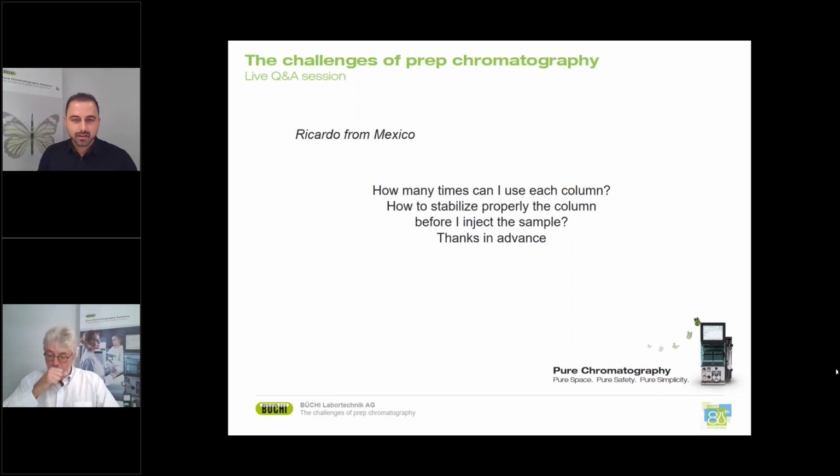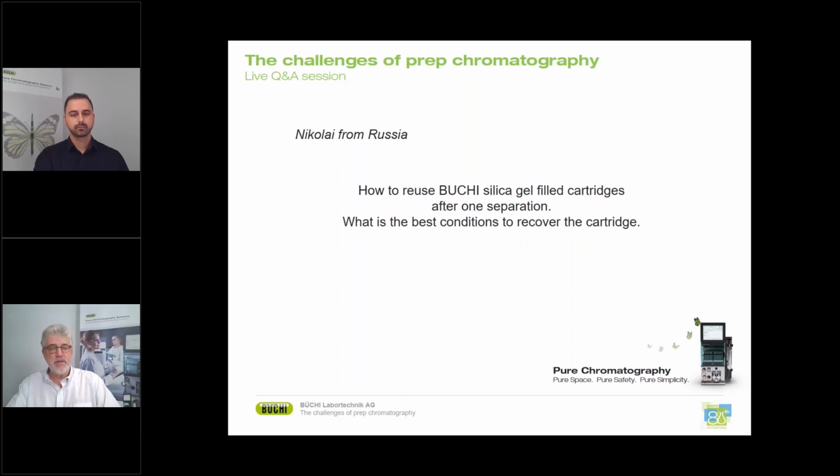I'm getting another very similar question. This is from Nikolai from Russia. How do you reuse Büchi silica gel-filled cartridges after one separation? What is the best condition to recover the cartridge? Well, I would say it's not only applying to Büchi, but to all cartridges which are used.